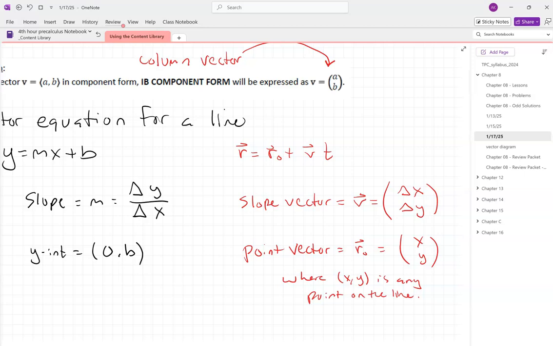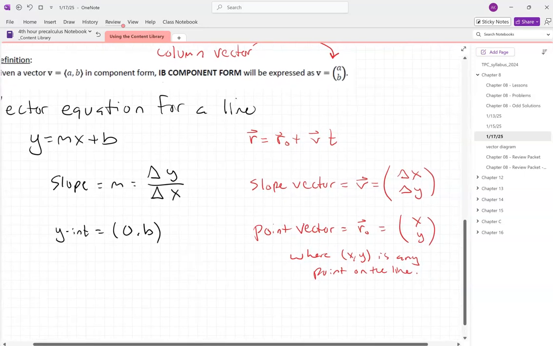So it could be the y-intercept, but it doesn't have to be. That being said, it should be clear that there's infinitely many correct answers to write the vector equation for a line. Right? If r naught can be any point on the line, there's infinitely many points on any line, so we have infinitely many correct answers.